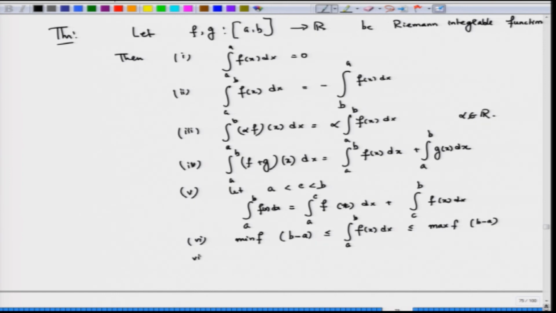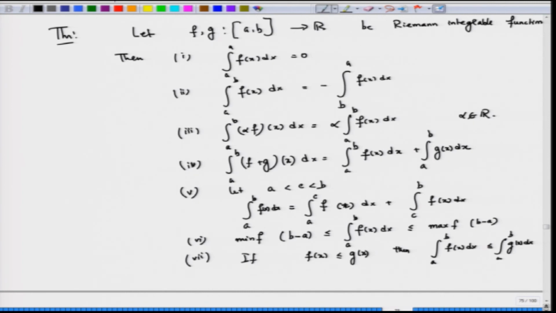And also if f of x is less than or equal to g of x, then integral a to b of f of x dx is less than or equal to integral a to b of g of x dx. So, Riemann integration also respects the inequality order.